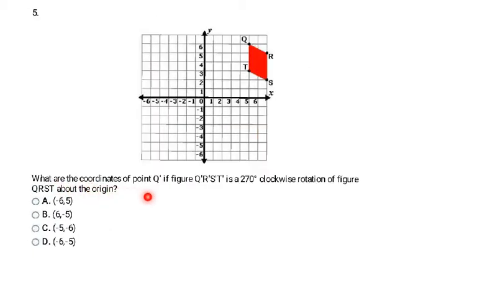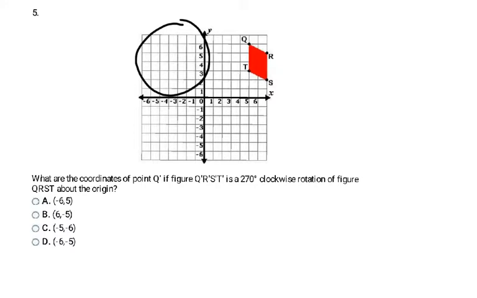This question reads, what are the coordinates of the new point Q if the new figure QRST is a 270 clockwise rotation of the figure QRST of the origin? So if I'm going 270 degrees rotation, 90 degrees is going to put me in the fourth quadrant. 180 degrees is going to put me in the third quadrant, and 270 is going to put me in the second quadrant.